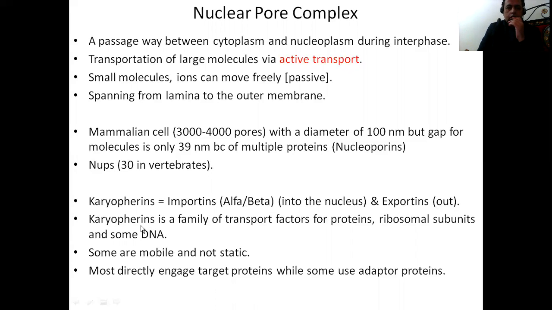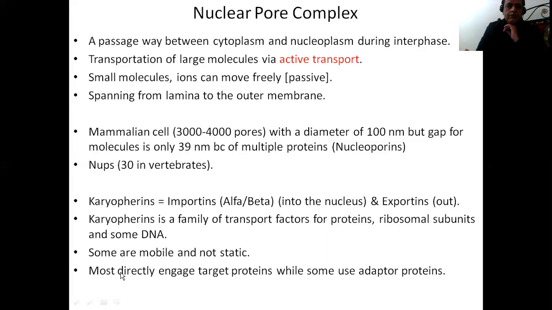So karyopherin is a family of transport factors for proteins, ribosomal subunits, and some DNA. So all these substances need the help of different kinds of carrier proteins, importins and exportins, to get into the nucleus and come out of the nucleus.